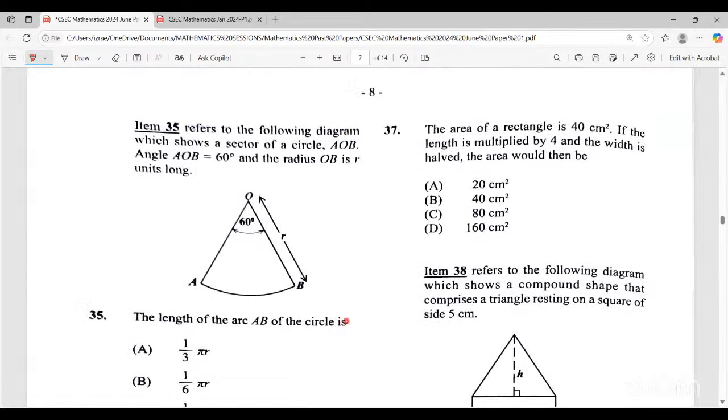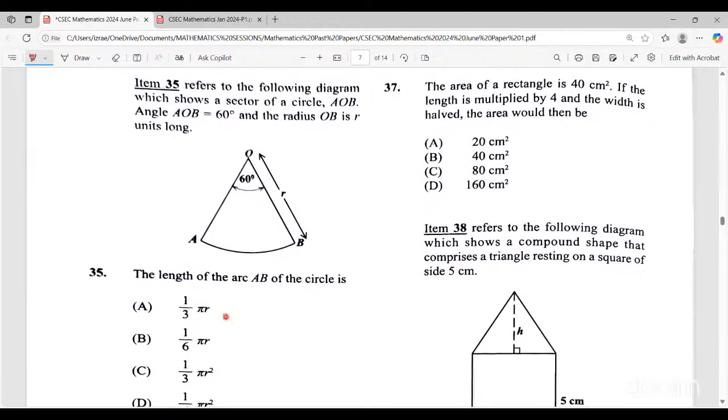So you're doing fairly good for time. 35 refers to the following diagram, which shows a sector of a circle AOB. Angle AOB is 60. Radius OB is r units. Length of the arc AB. Length of the arc is the angle over 360 by 2 pi r.